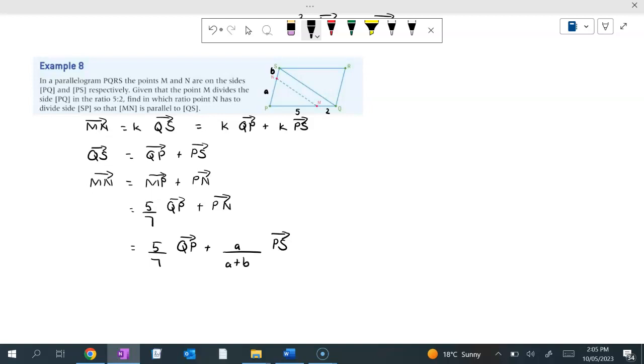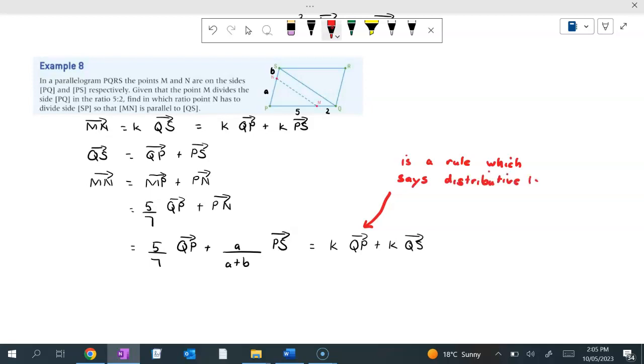Now there's a couple of things, sorry, just before we keep going. So we can say this is K times QP plus K times PS. So I just want to make note of two things, which I'll do in red. So firstly here, that there is a rule, which we'll see later, which says the distributive law works for scalar multiplication.